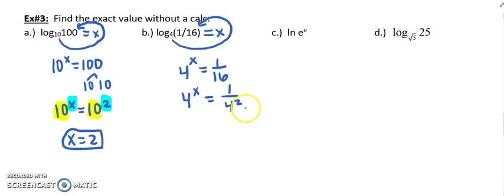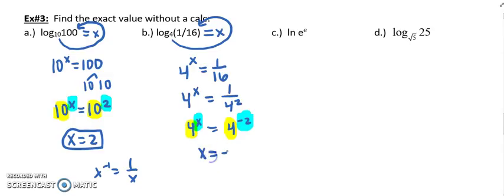So remember your old exponent rules: x to the negative 1 is 1 over x. So we're going to pick this 4 to the second up and put it on top, and since we're moving it from one side of the fraction to the other, we make that negative. Now the 4's match and x equals negative 2.